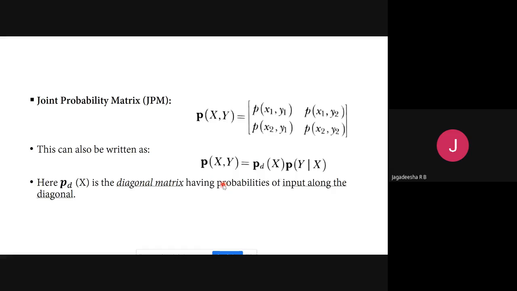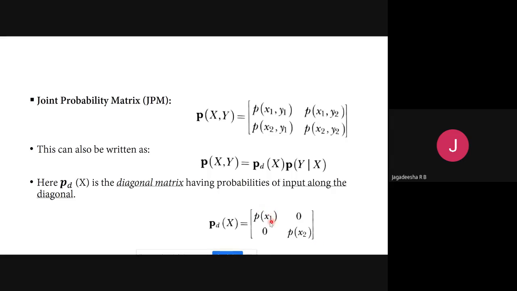In this diagonal matrix, you know what's a diagonal matrix in mathematics, right? Having probabilities of the input along the diagonal. So in a case of a diagonal matrix, you have the diagonal elements and other elements should be 0, right? So here, along this diagonal, you have the probability of various input symbols.